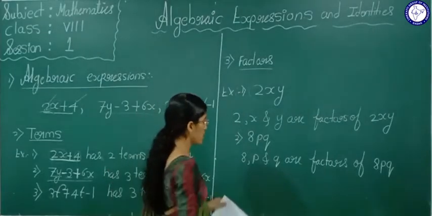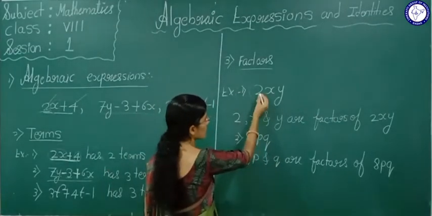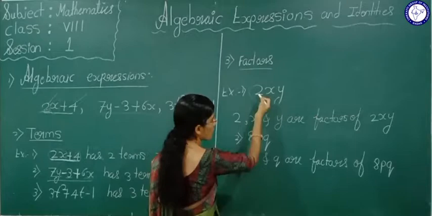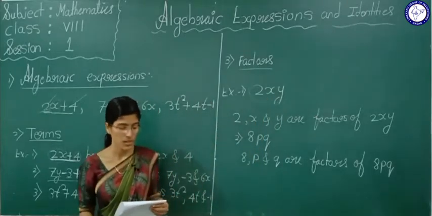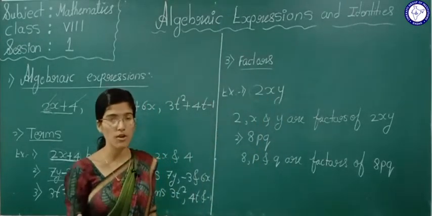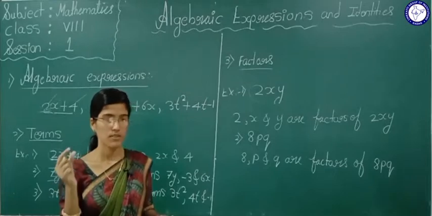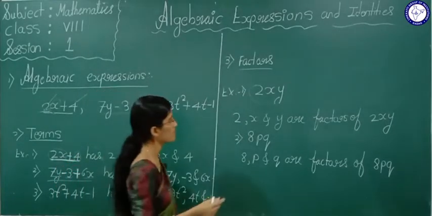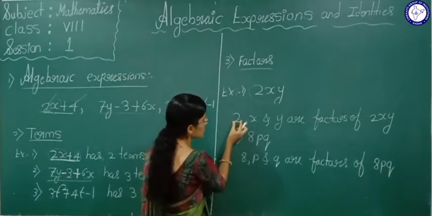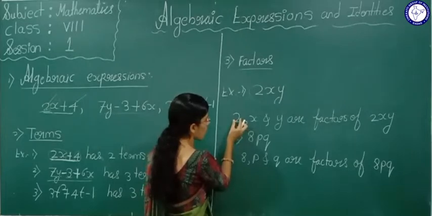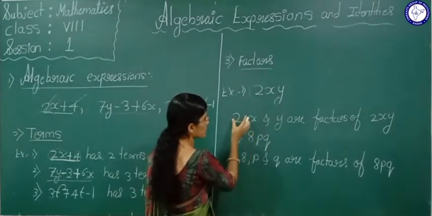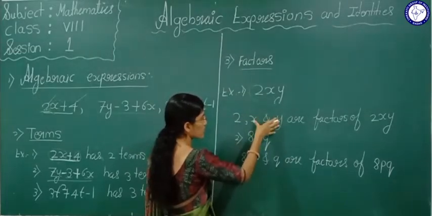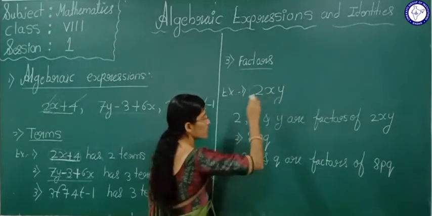Factors are those variables or constants whose product forms a term of the expression. The product of these constants and variables only forms a term.